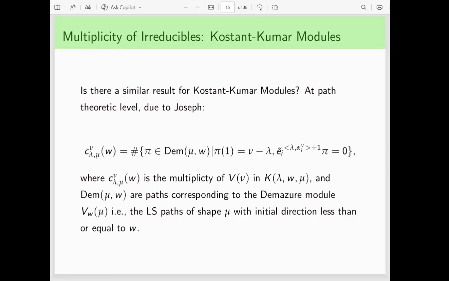Instead of the entire tensor product, it tells you how many times V nu occurs in the decomposition of the Kostant-Kumar module. So sometimes these C, lambda, mu, nu, W are also known as refined Littlewood-Richardson coefficients.